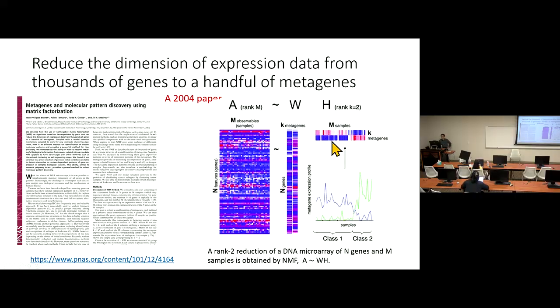And from this matrix, from the H matrix, you can find whether the samples are more active in the first gene expression program or in the second. You can see in this, it looks like the samples have been classified into 2 groups.